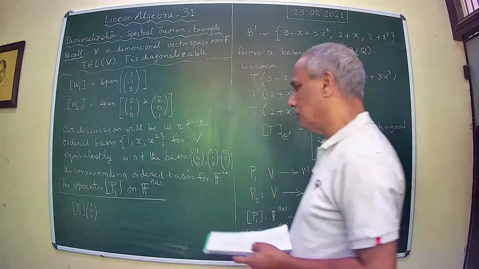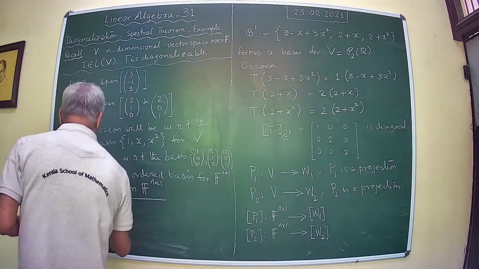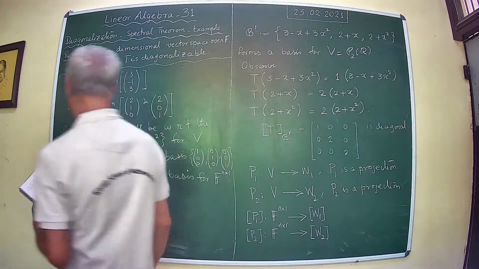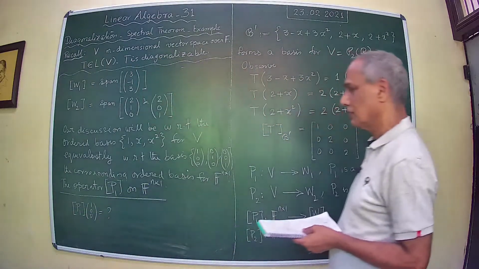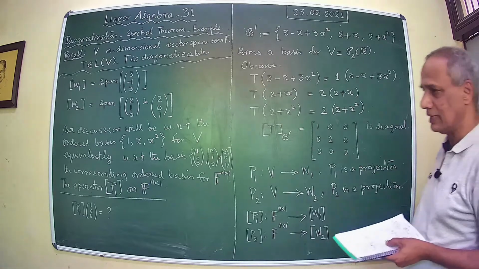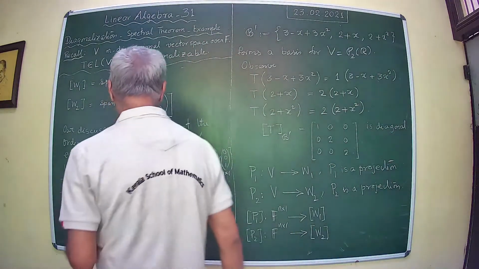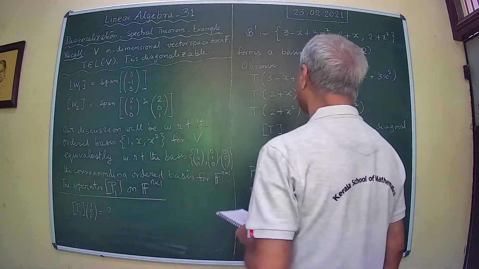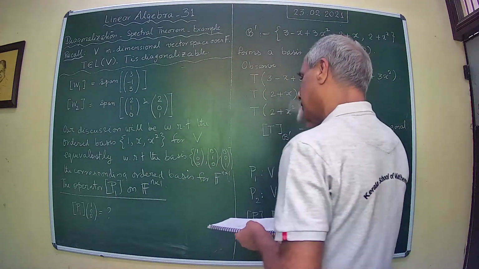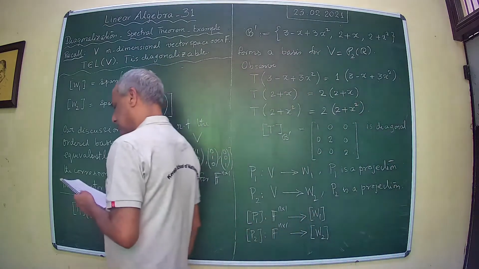And to get hold of this, you write 1 0 0 in terms of the ordered basis for W1 and W2.